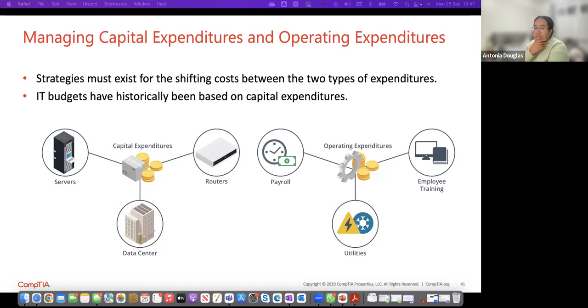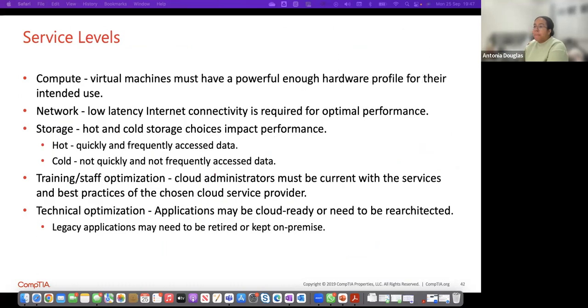So not necessarily having that initial upfront cost, but expanding over time. So let's look at service levels. I know this is something that we definitely raised previously.